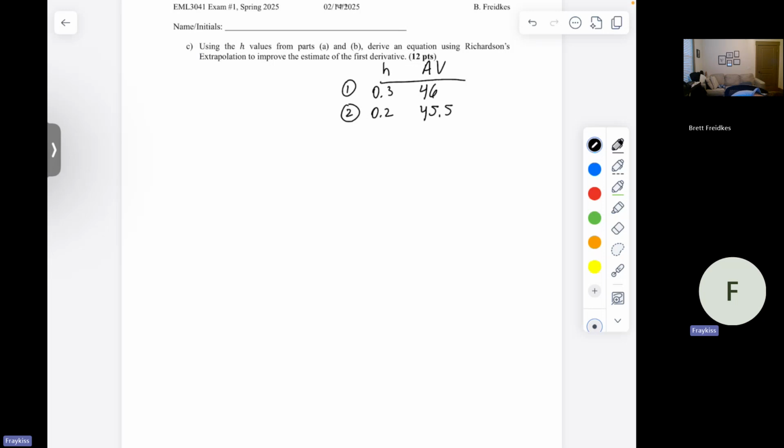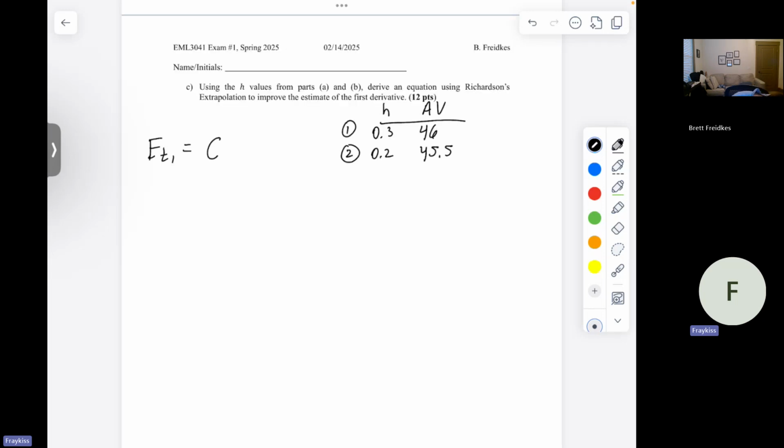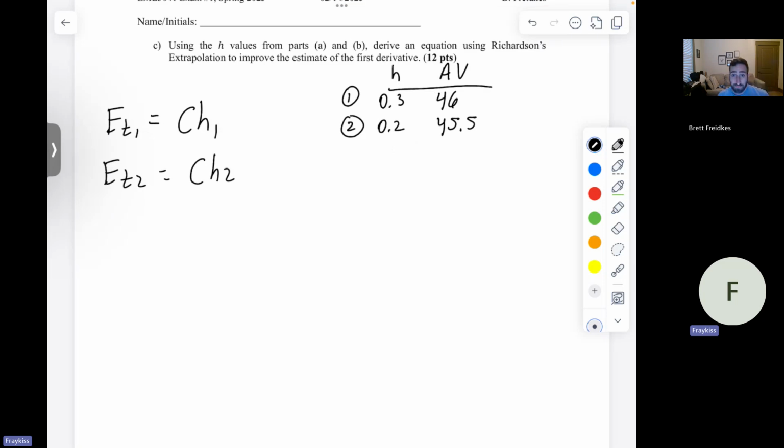So the true error for the first one we know is going to be something like C H1. The true error for the second one is going to be something like C H2. If I wanted to, I could just divide these arbitrarily. Let's do ET2 over ET1 and say that this is going to be C H2 over C H1.